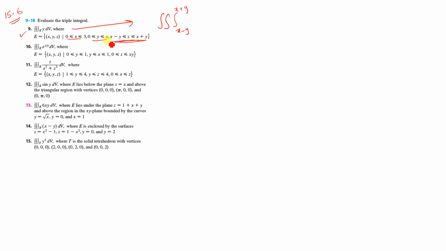Then we have y, which lies between 0 and x, and then we have x, which is bounded by two constant values, 0 and 3. Since these are the bounds for z, it is dz first, then dy, and finally dx. So you can solve it yourself.